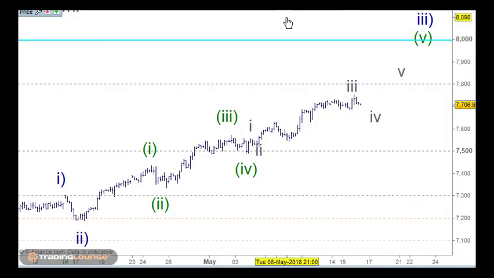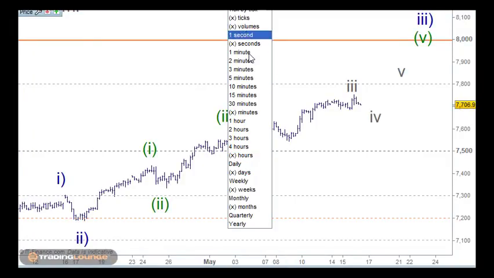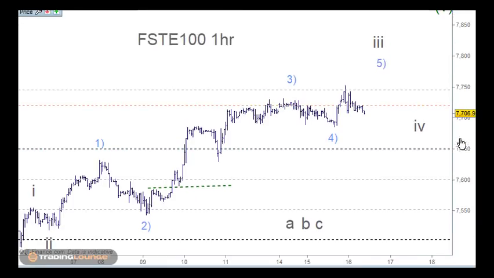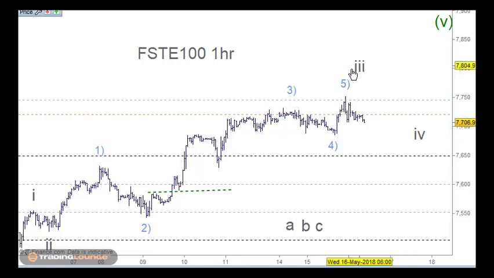Let's just go to the 1 hour chart, which will have more detail in it. Okay, so this is where we were last time, and this 72 number was important. Anyway, I won't go there, but wave 5 of wave 3 here.